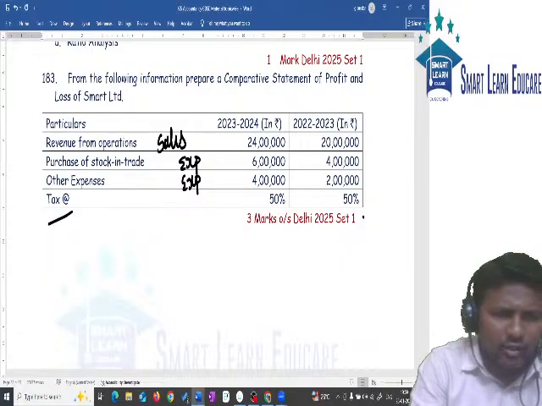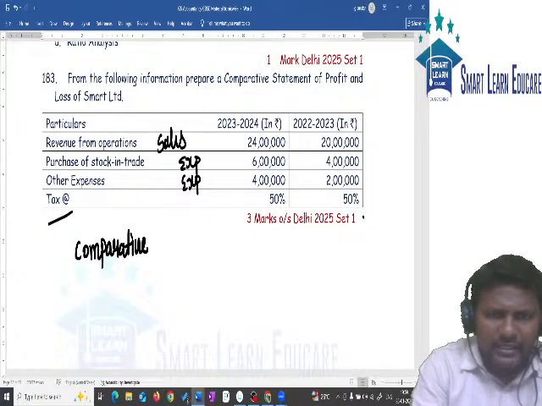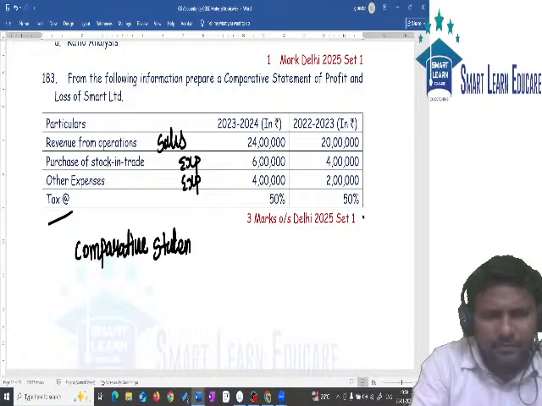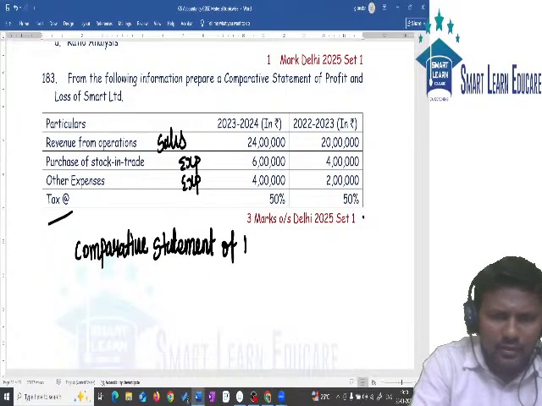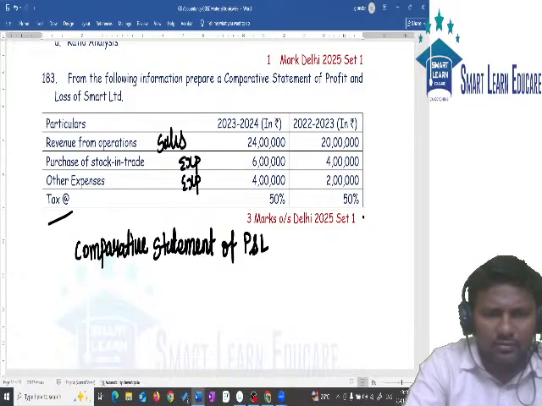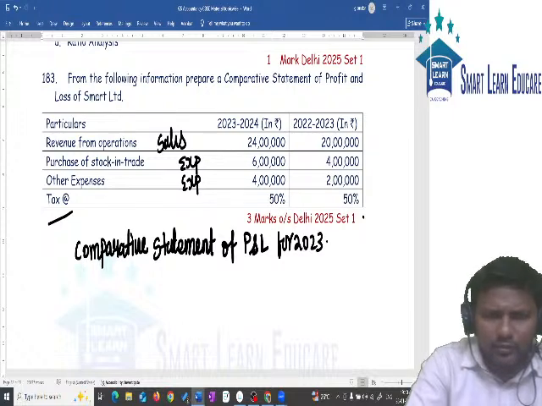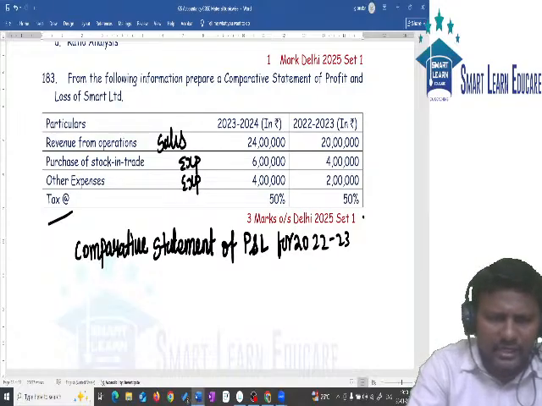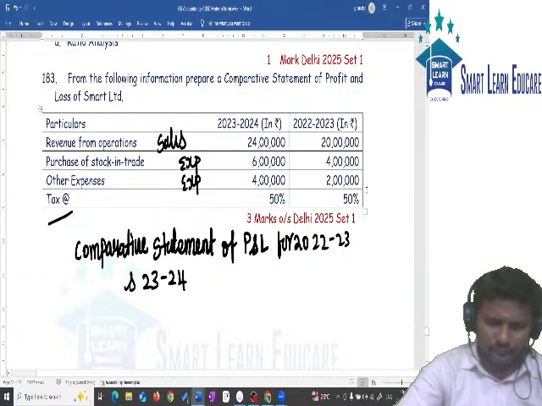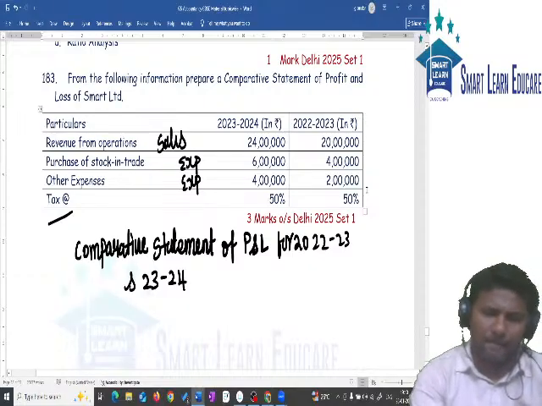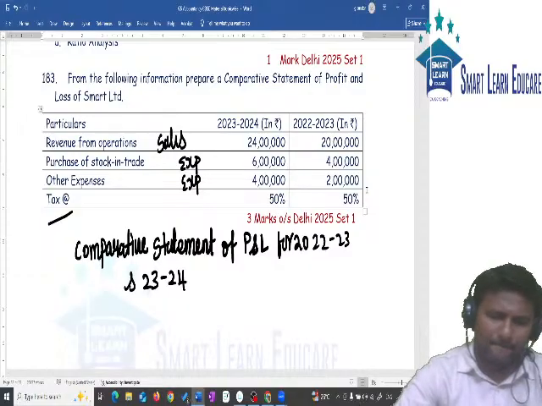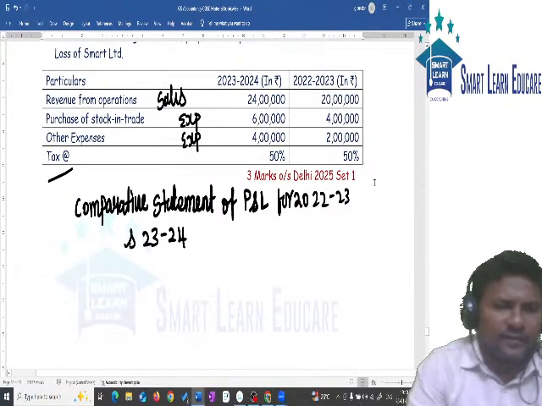First, write the heading as it is: Comparative Statement of P&L for 2023-24. The columns are 22-23 and 23-24.